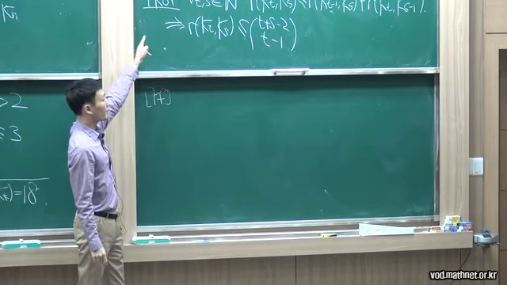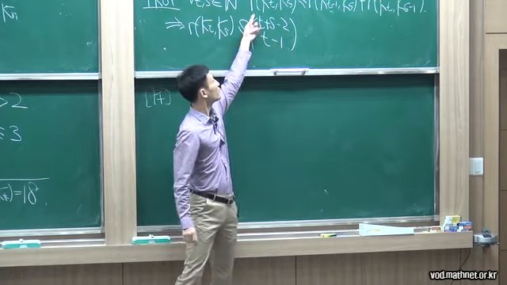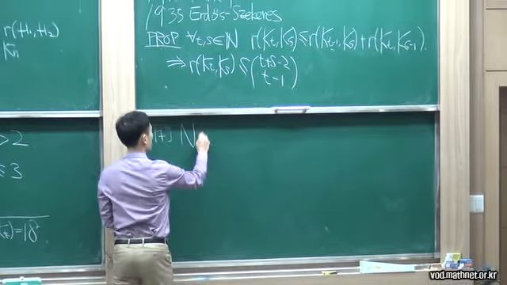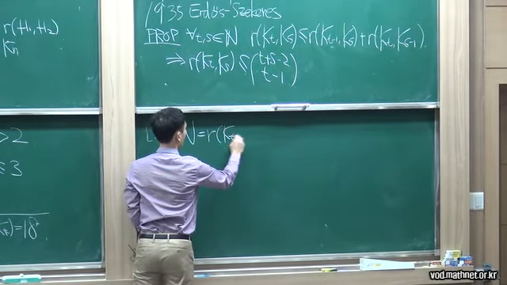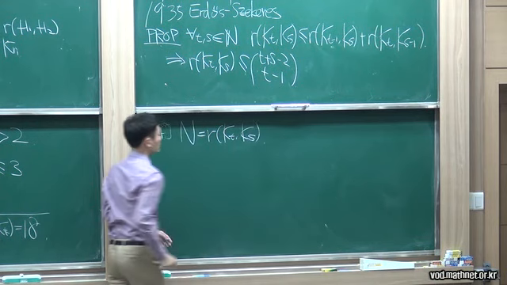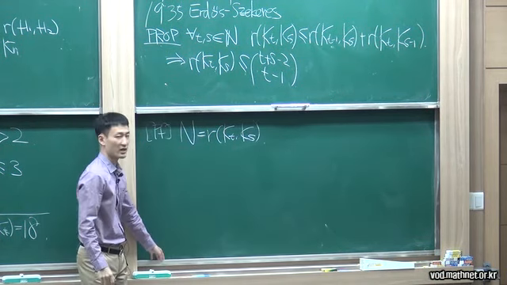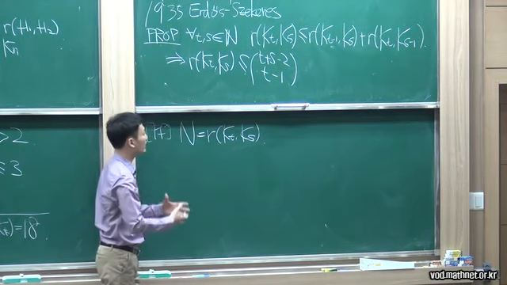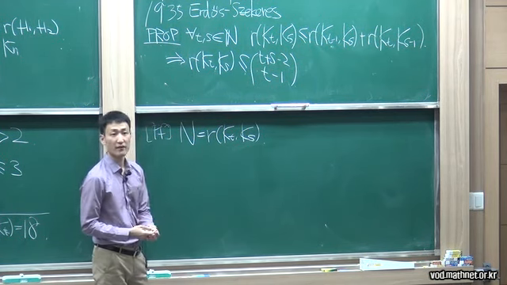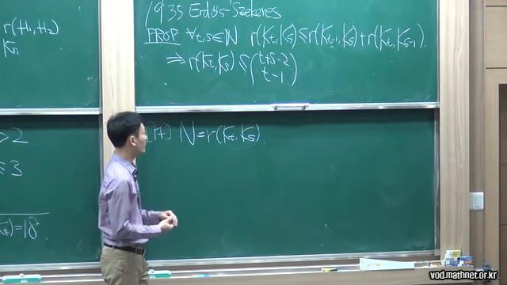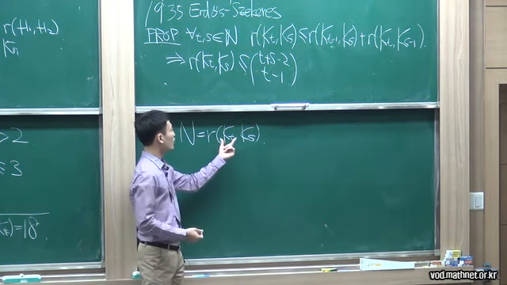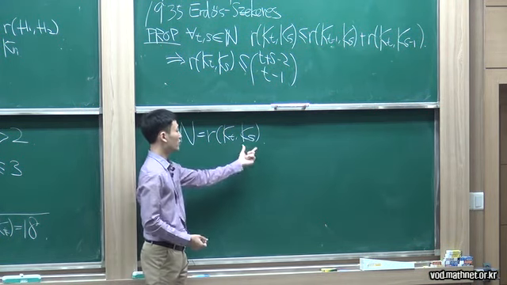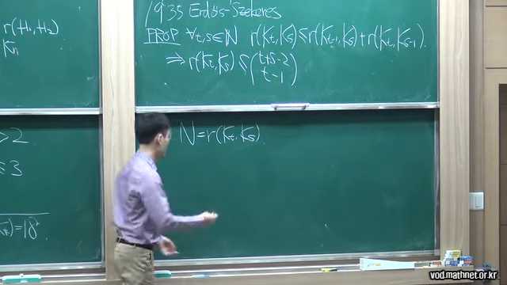So to prove the proposition, I will let this number be n. I have no idea what it is, but just to simplify the notation, let me call it large n. I have to show you that no matter how you color the edges of the complete graph on n vertices using red and blue, there has to be a red complete graph on t vertices or a blue complete graph on s vertices.